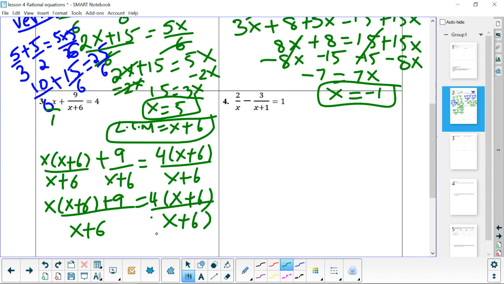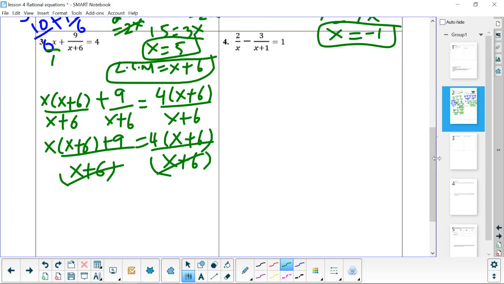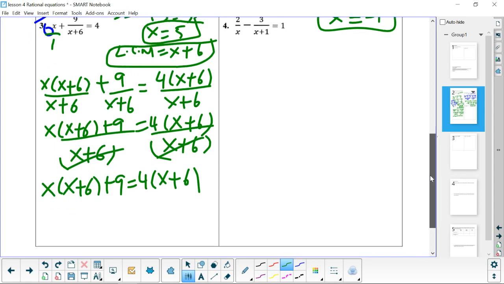Now this x plus 6 and x plus 6 in the denominator cancel out, and we will just equate the numerators. And now we're going to simplify this to find the value of x.